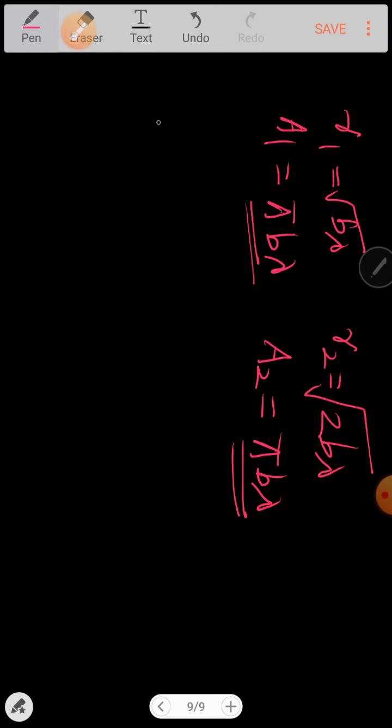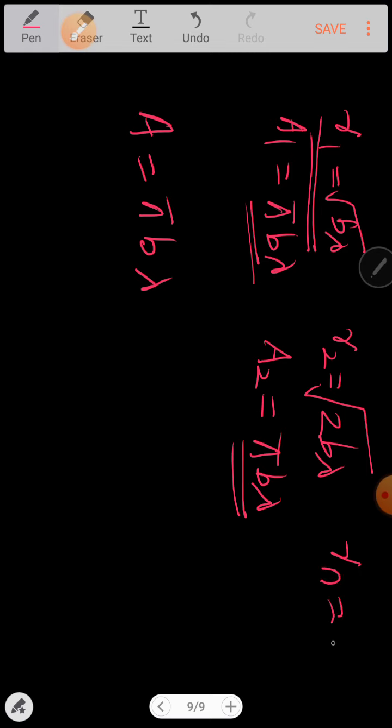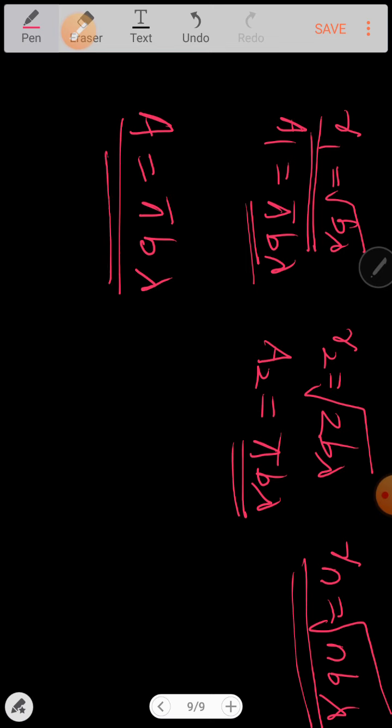In general, the area of each zone is equal, and it is pi b lambda. The radius for the first zone is root of b lambda, for the second zone root of 2b lambda, and for the nth zone the radius is root of n b lambda. And this is Fresnel's zone concept.